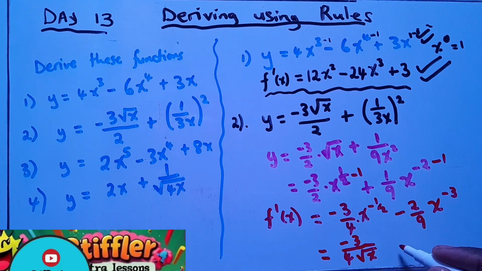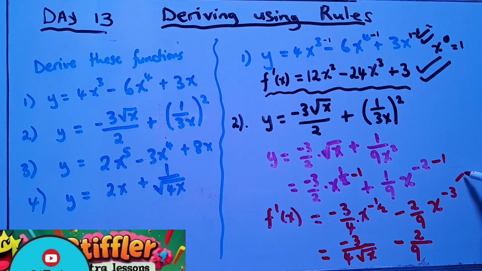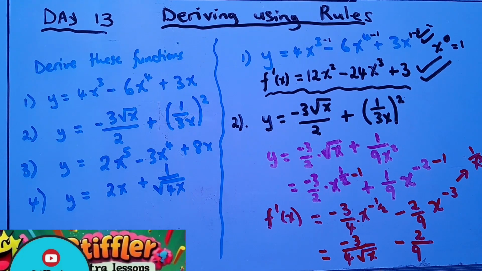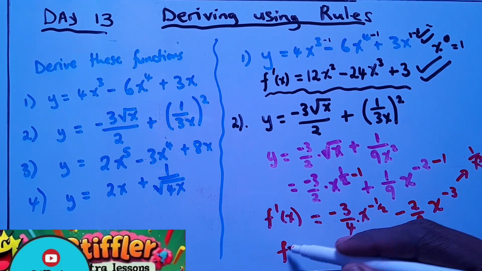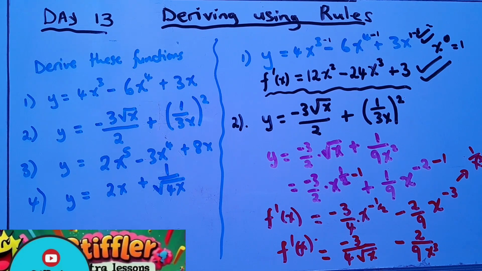And on this term, it will be negative 2 over 9, and we are trying to put this into the positive exponent. So this is the same as 1 over x cubed, like that, right? So we're just going to put it here as x cubed. So here we have derived our second situation, right?